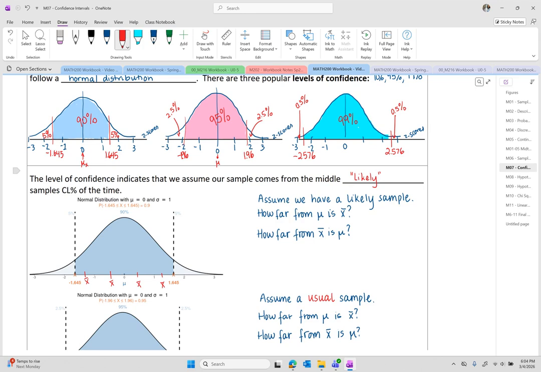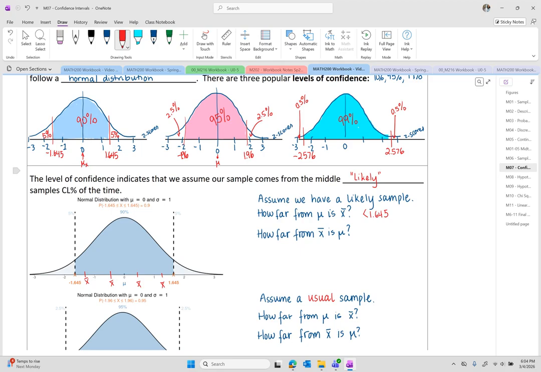So the question is, how far from the mean, the real mean, the population mean, that's the parameter, is our sample mean, which is a statistic? And the answer is that this distance will be less than 1.645.